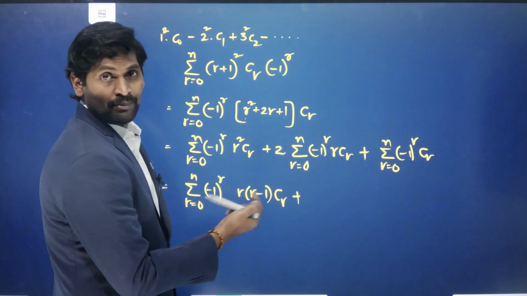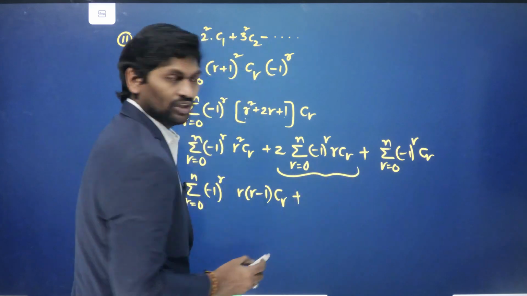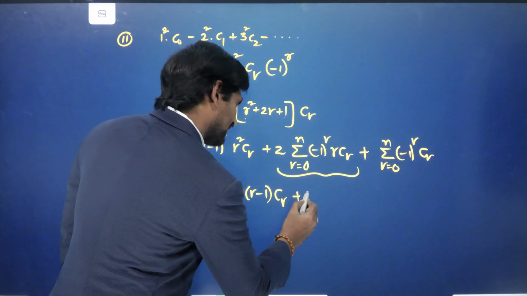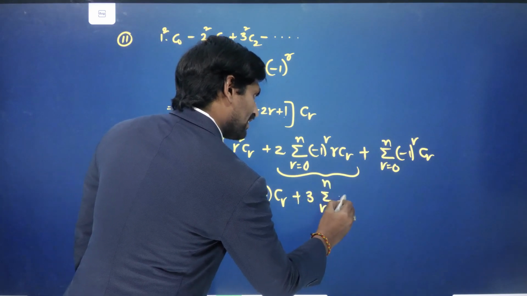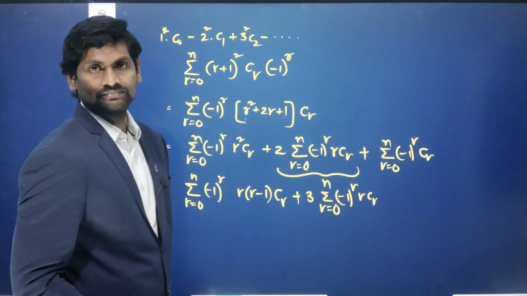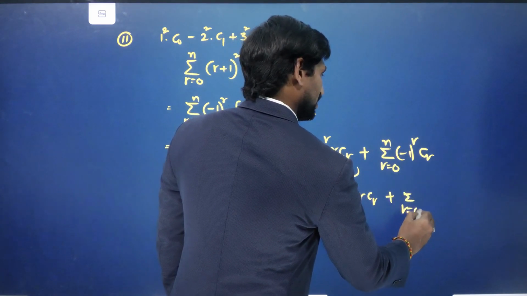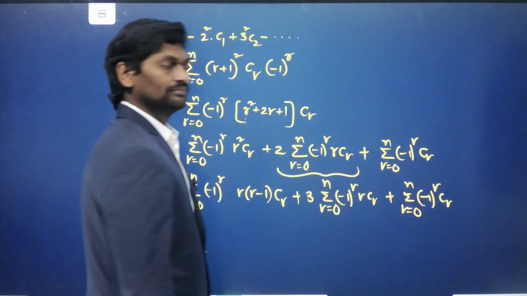Plus r I am adding, that means r into cr, so this is also an r into cr term only. Here already 2 terms are there, so if you add one more term, there will be 3 terms. Sigma r equals 0 to n minus 1 power r and rcr, plus sigma r equals 0 to n minus 1 power r and cr.